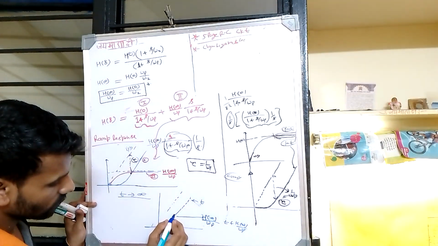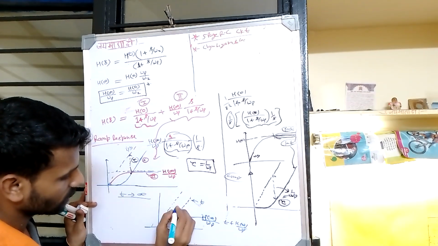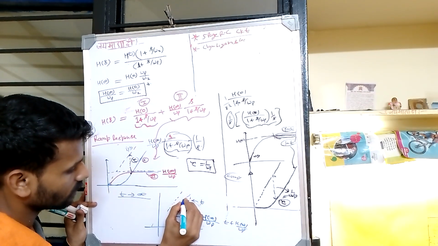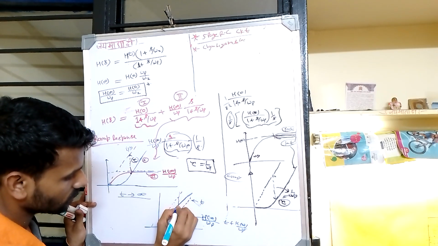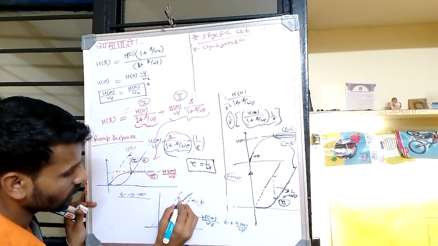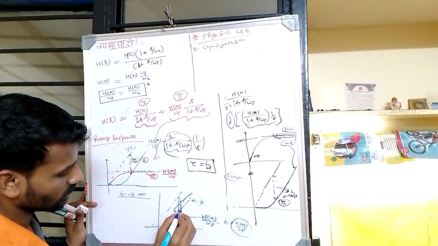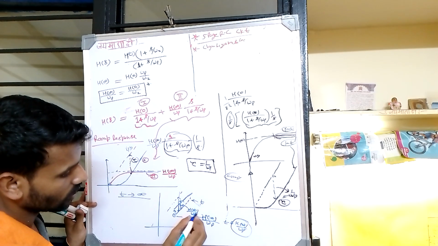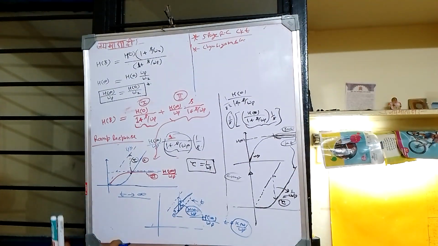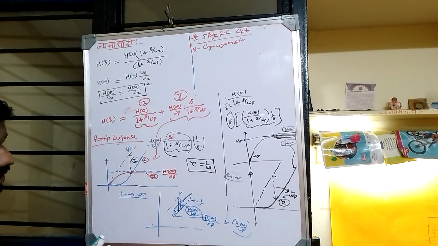So if this is the point 1, then if you shift upward, this will look like this. Means this delay will reduce. By how much? This difference will be h of infinity by omega p. So this delay will reduce by h of infinity by omega p.